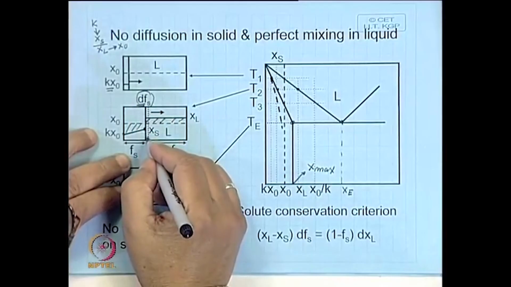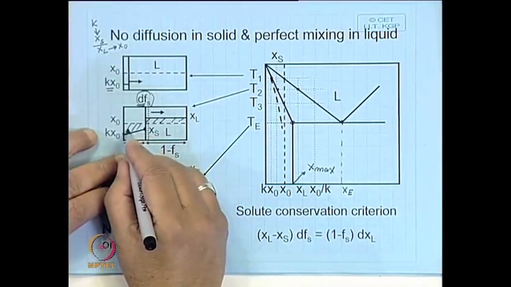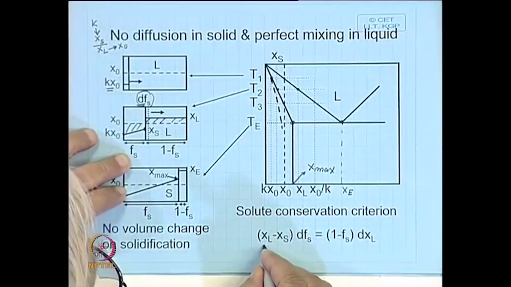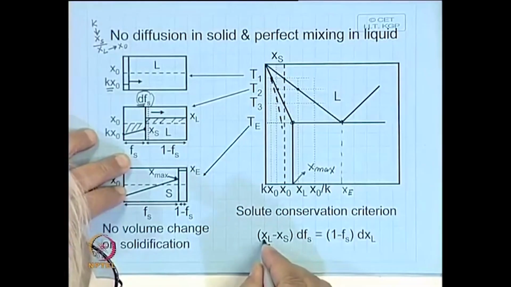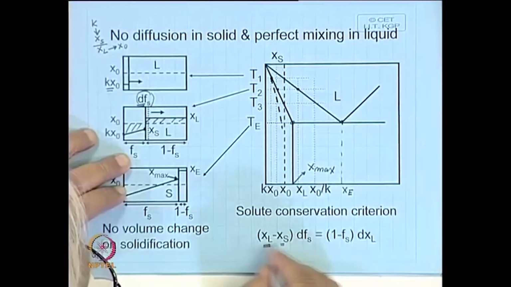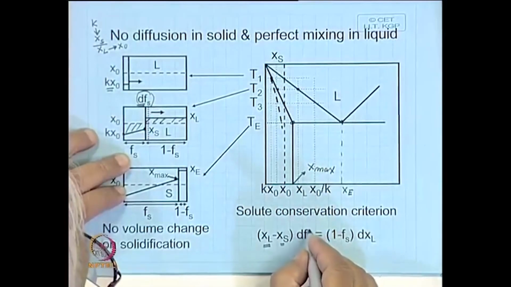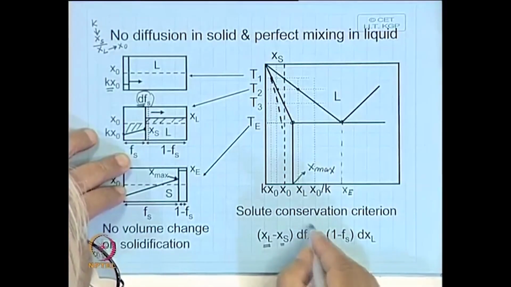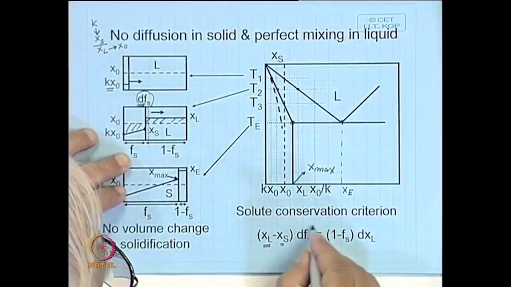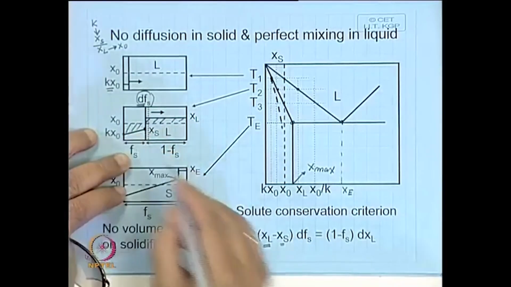So, in that case, how much amount of solute has to be transferred to solid. So, obviously, this will be the solute concentration difference between liquid and solid, this is x L minus x s. So, this is the amount has to be moved into this. So, therefore, multiply by this fraction transformed.